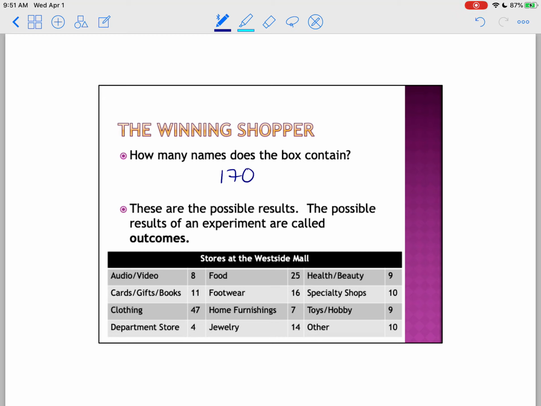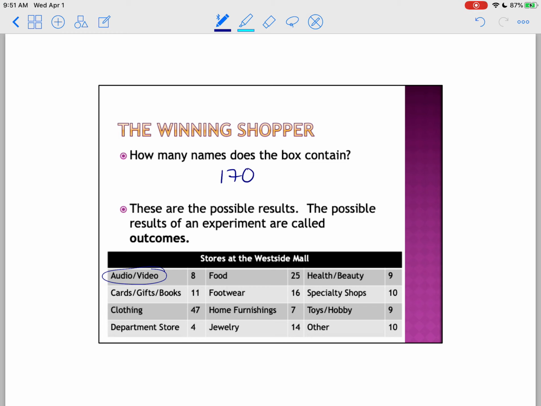And if there's 170 stores, that means these are the outcomes, okay? It's also called a sample space. But these are all the possible outcomes. So we don't know what the names of the stores are that are audio video stores, but we know there are 8 different shops.